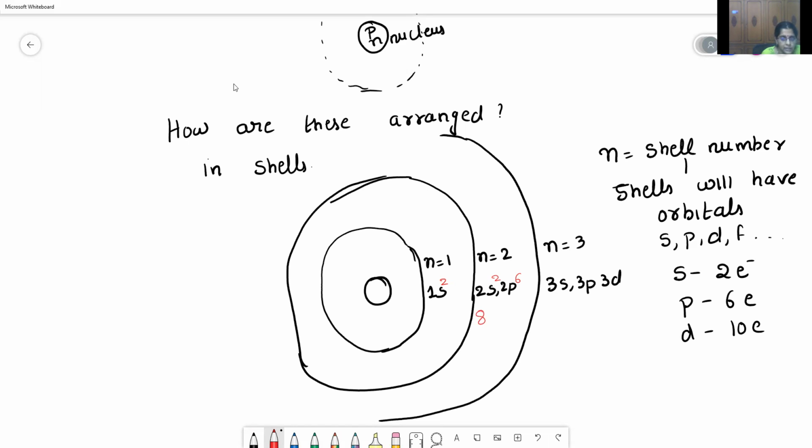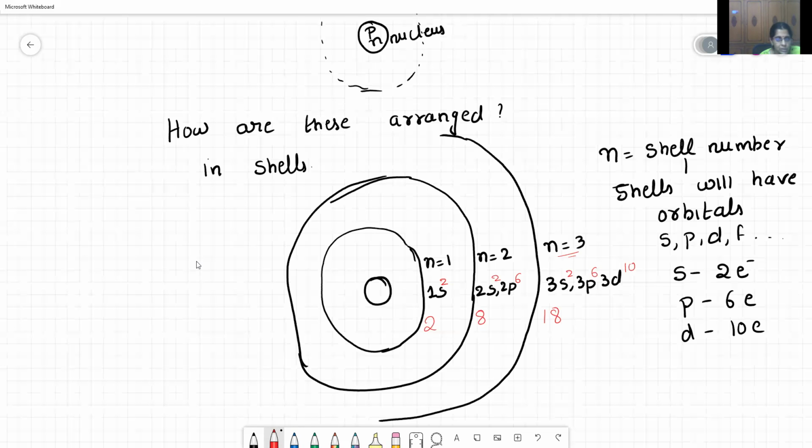Similarly, the third shell: s accommodates 2 electrons, p accommodates 6, and d accommodates 10, so the third shell can accommodate 18 electrons. This is how the filling takes place: the first shell can take 2, the second 8, and the third 18 electrons.